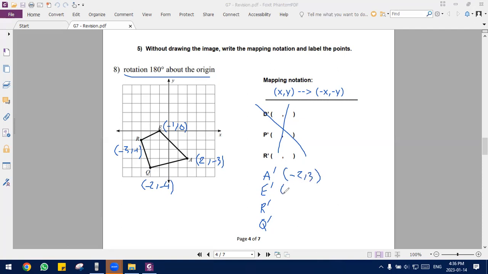E is minus 1, 0. So I make it 1, 0. R is minus 3, minus 1. So I make it 3, 1. Q is minus 2, minus 4. So it will be 2 and 4. So these are the images of the points. How did I know their place? Not by drawing, only by using the mapping notation.